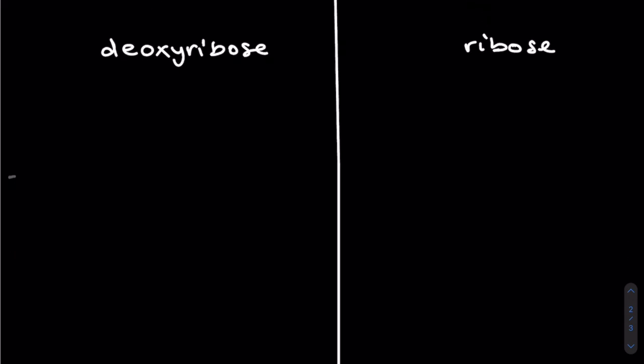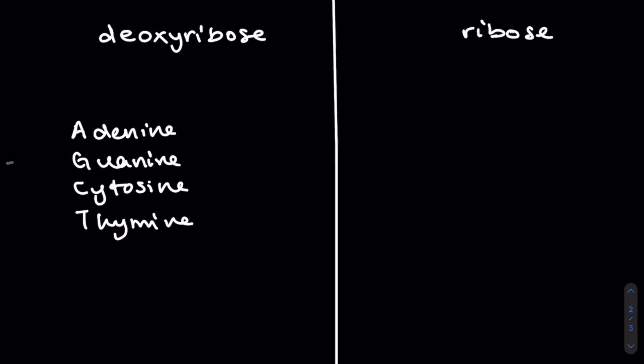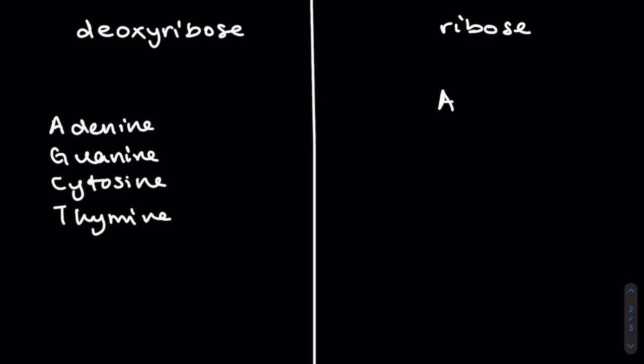So DNA is A, G, C, T, or adenine, guanine, cytosine, and thymine. In RNA, we have A, G, C, U. So adenine, guanine, and cytosine stay the same. However, thymine is replaced by uracil.